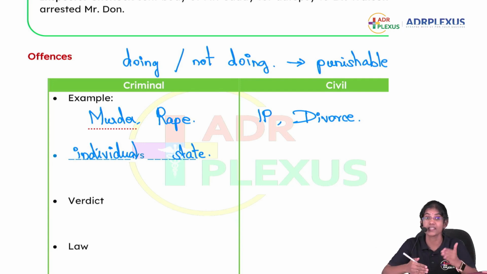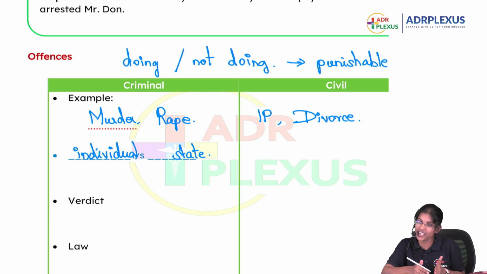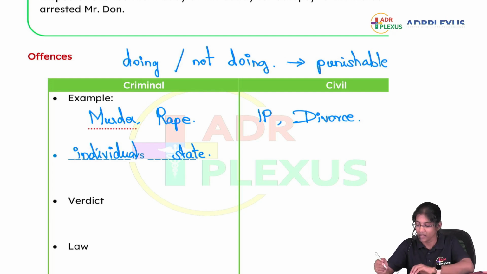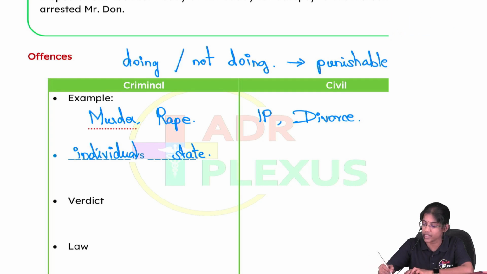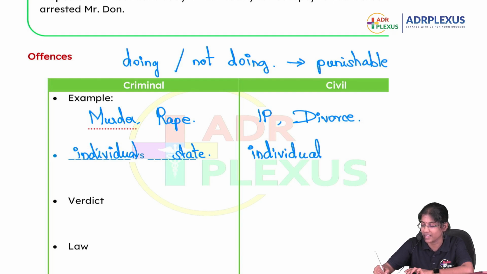So whenever there is an individual who has committed an offense under criminal cases, the state will take up the responsibility and the state will fight it. Whereas in civil cases, divorce and all, it is an individual versus another individual, right? An individual fights another individual.